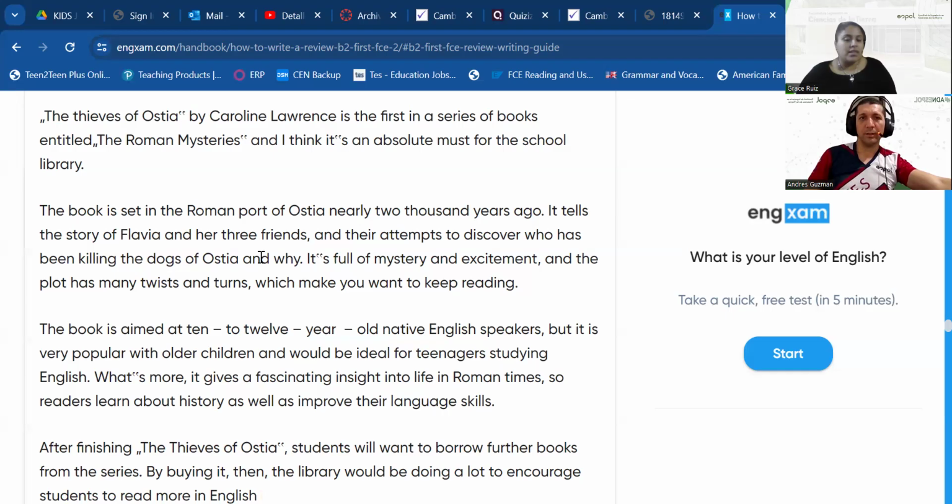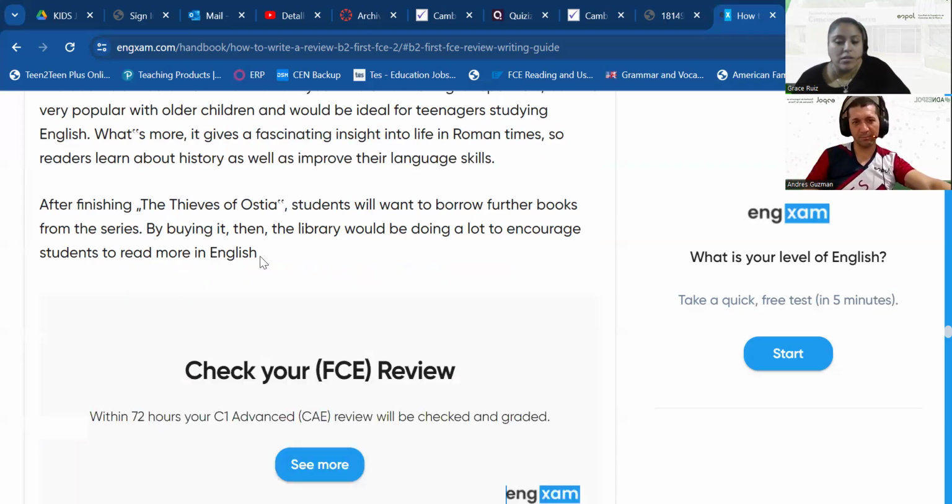In the last paragraph, it uses two commas. For example, it could have "by buying it, then the library." No, ahí sí está bien, realmente. No, after finishing, comma. It's like comma or apostrophe, quotation marks.